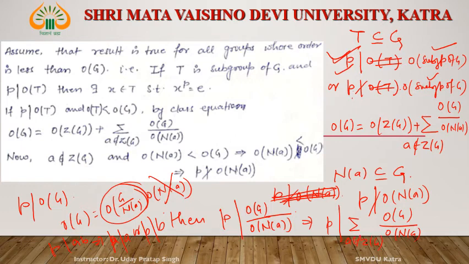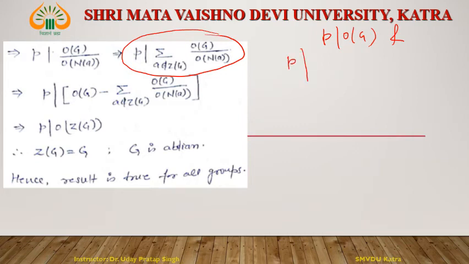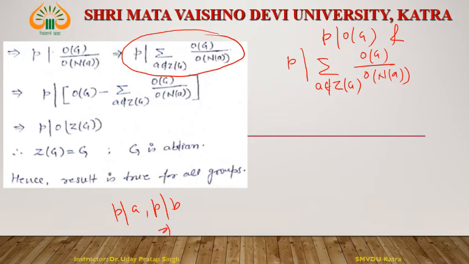Then P divides this. P divides order of G and P divides the summation over a not in Z(G) of order of G by order of N(a). If P divides A and P divides B, it implies that P divides A minus B also.